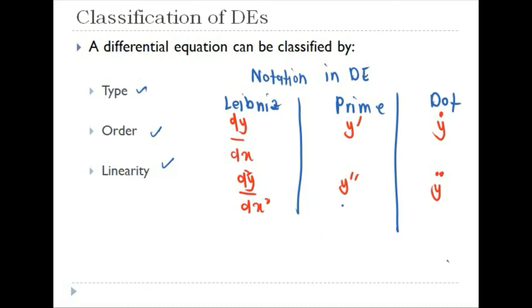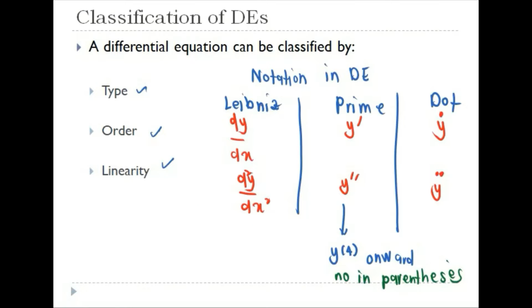If we have fourth order onwards, we use a number in parentheses. Why don't we use primes? Because logically, if you have 100 primes, you don't want to write 100 primes. So we use a number in parentheses to show the order of the DE.